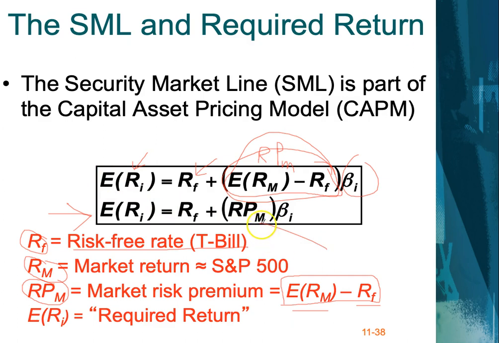There is your market risk premium. If you're given the expected return of the market, then you use the first equation. Either way, you multiply by the beta of a particular security I. We're going to practice that a little more.